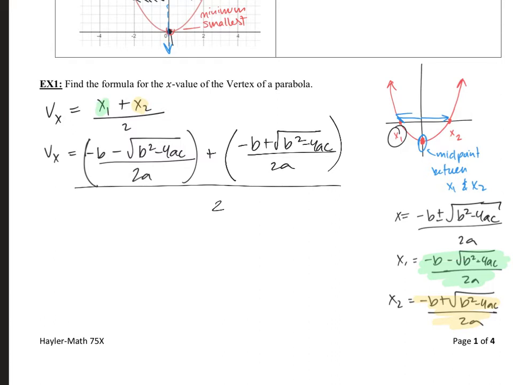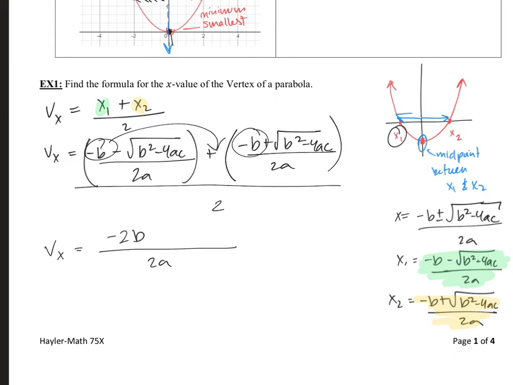On the top, let me bring down the v sub x value here. We have negative b minus the square root of b squared minus 4ac. So the negative b plus the negative b is going to be negative 2b.